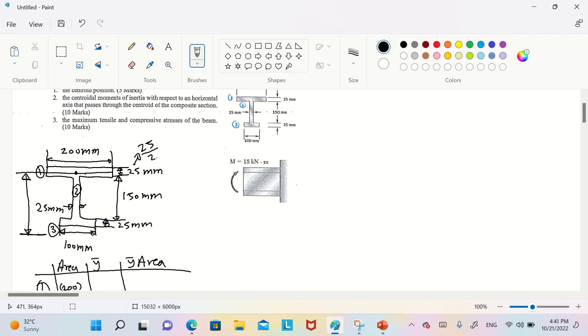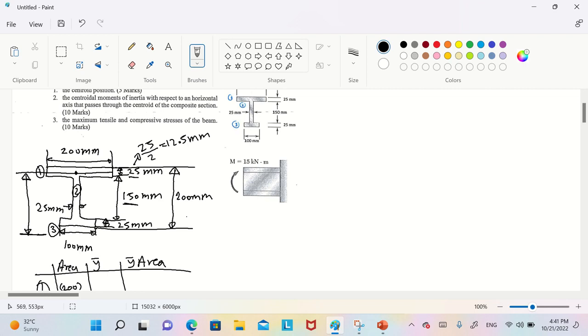So 25 divided by 2 is 12.5 millimeter. And the whole height is 200 millimeter. 150 plus 25 plus 25, you get 200.